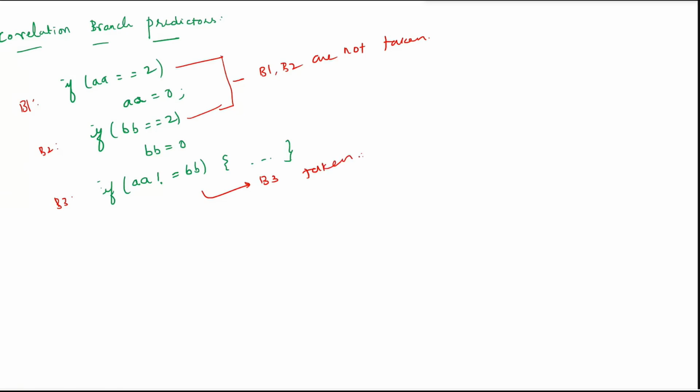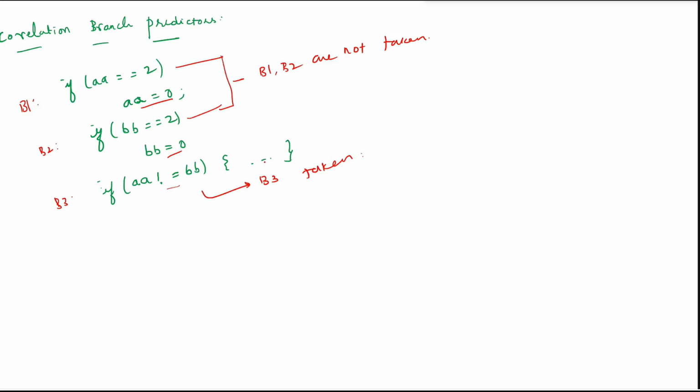Do you agree? Because if these two are taken, it will make AA equal to 0 and BB equal to 0. In such cases both will be equal, so this branch will not be taken. If these two branches are not taken, it won't assign the values, so definitely branch 3 is not taken.